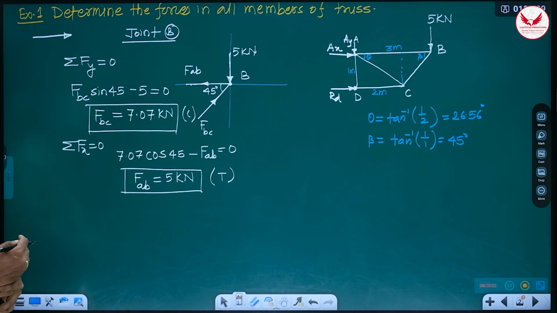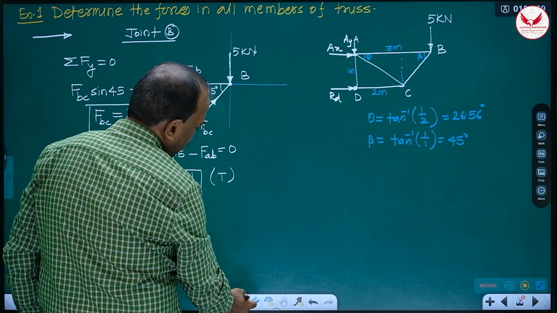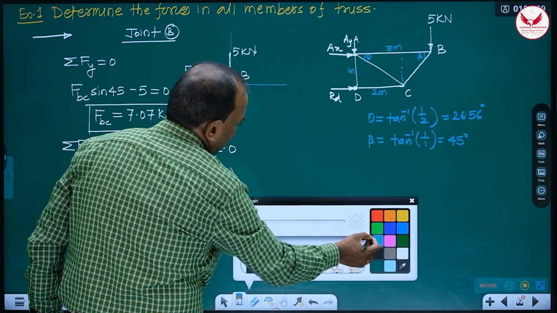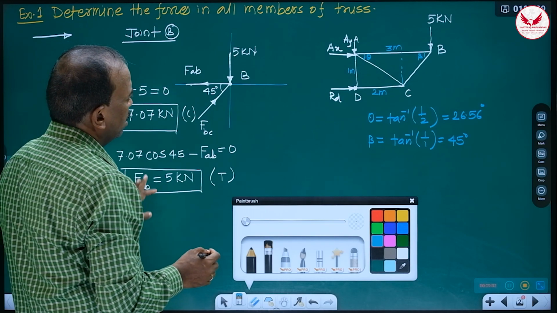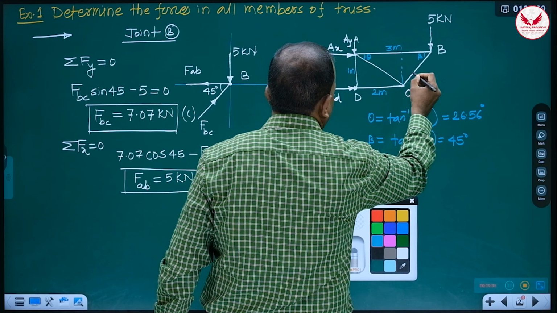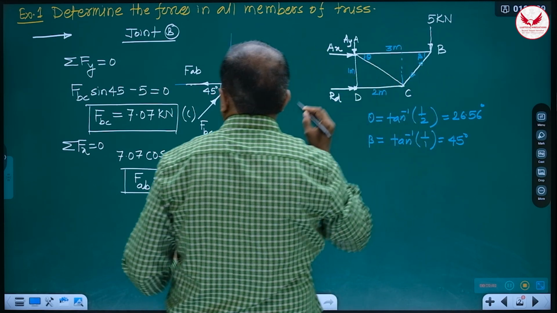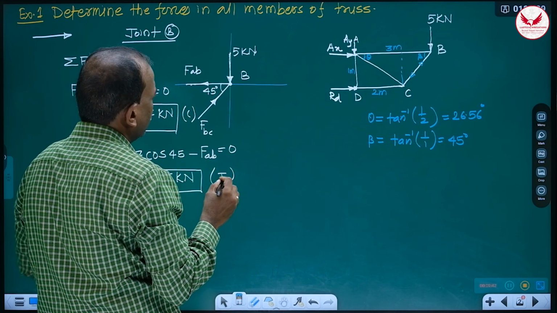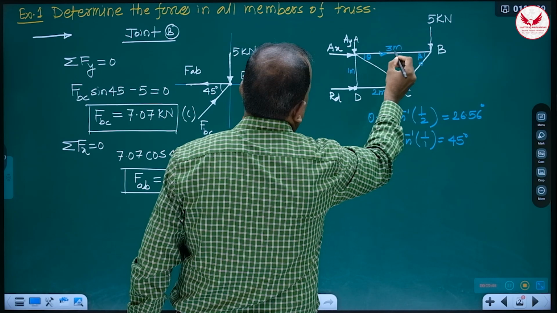Actually 5 members are there. And here, whichever member you get the answer for, you show the direction. FBC is compressive, compressive means towards the joint. And AB is tensile, tensile means away from the joint.